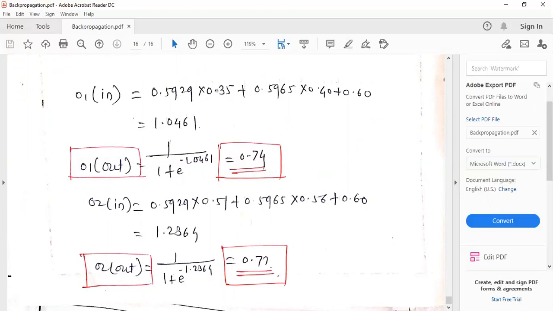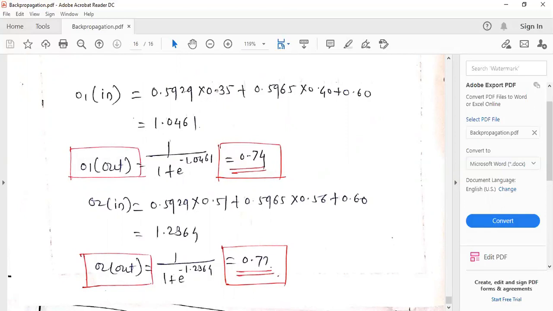Those are the values you have to achieve, and for that you have to do the back propagation again and again. In only one step it is not possible to adjust all the weights and reach the perfect destination.